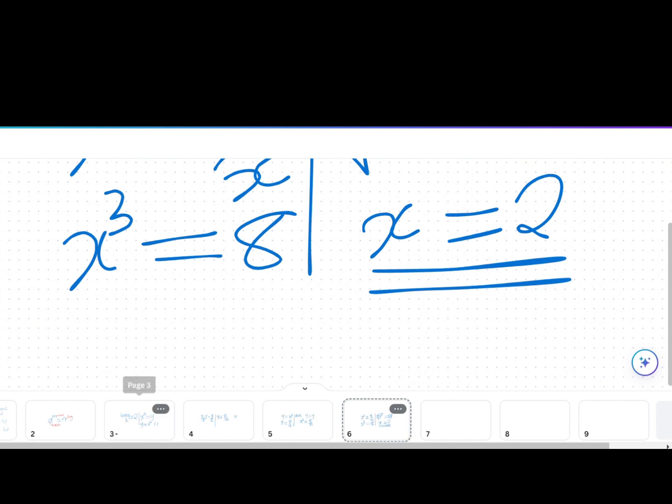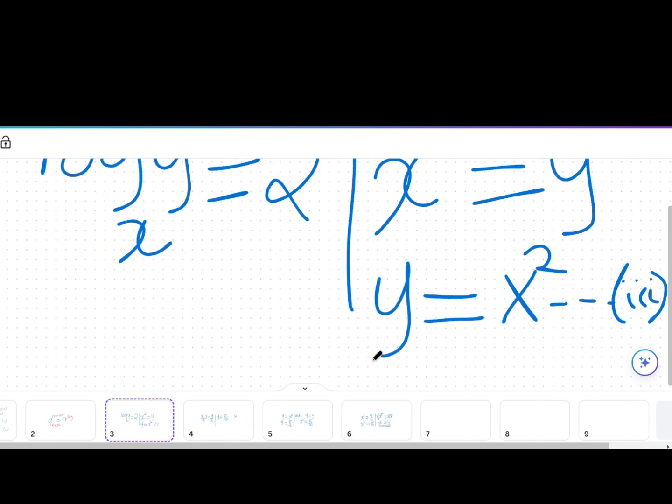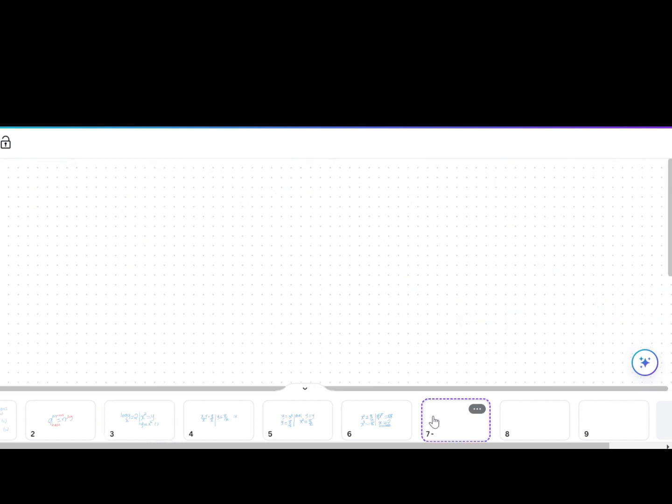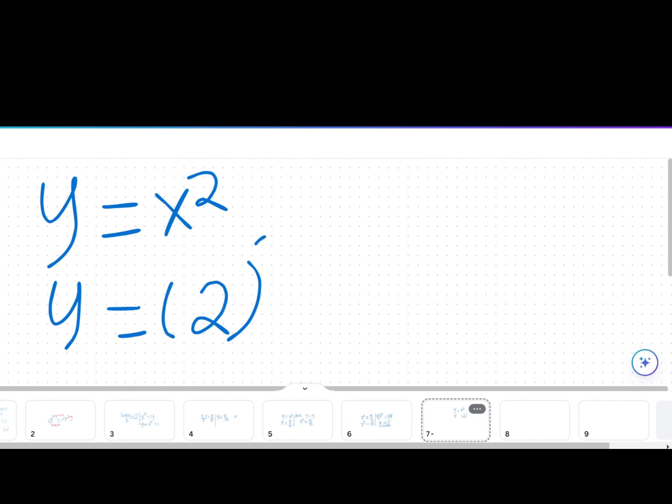We're going to find y. From equation 3, we said that y is equal to x squared. With the value of x being 2, we say y is equal to 2 squared, which gives us the value of y to be 4.